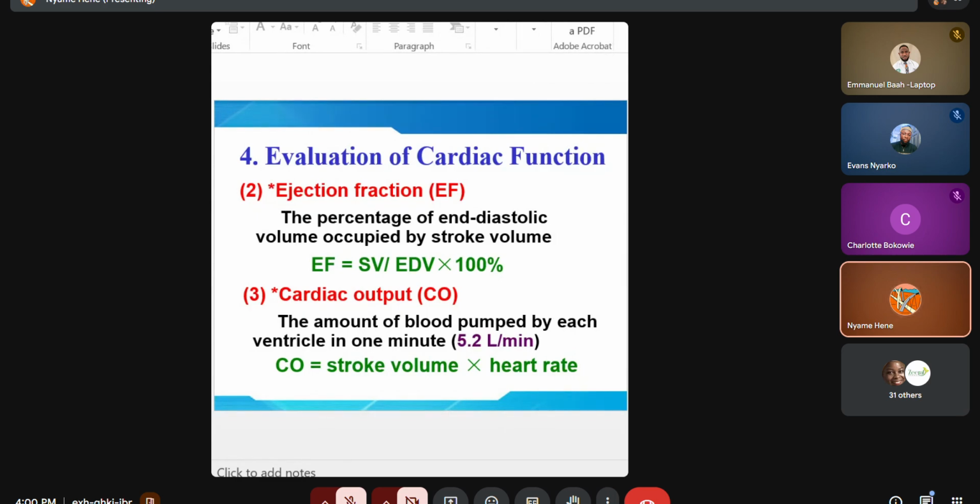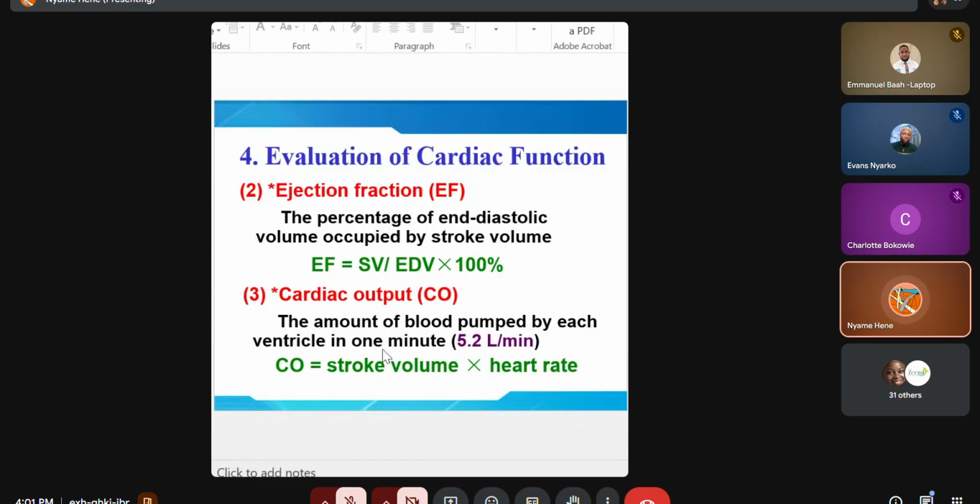That gives you the cardiac output in liters per minute. The average is 5.2 liters per minute. So stroke volume in liters, heart rate in minutes, you multiply, and the unit is liters per minute. That becomes the cardiac output.